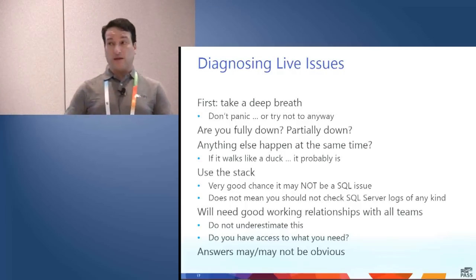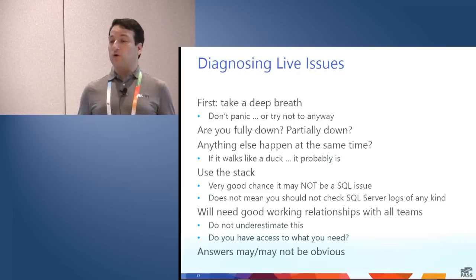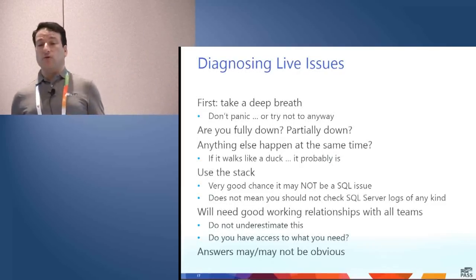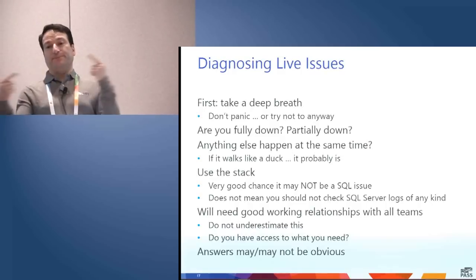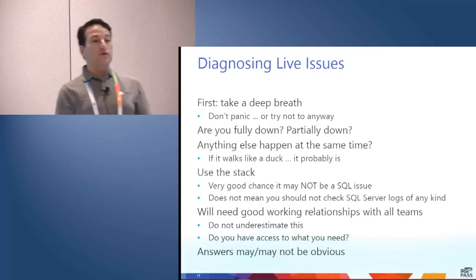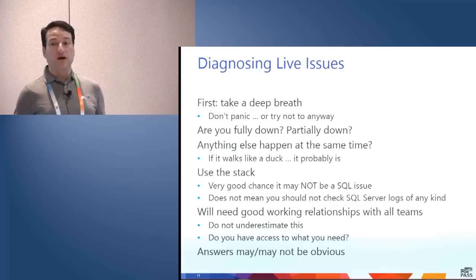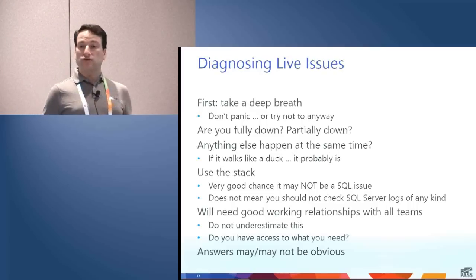And I'm not saying you need to be like best pals and drinking buddies, but you need to at least be able to get along with them in the workplace and be able to work with them when these things happen. Because if you don't, this starts happening, and you're down longer because nobody wants to talk to each other. If you're supposed to be on the same team, actually be on the same team and get this done. Worry about whose fault it is later, just get up and running.